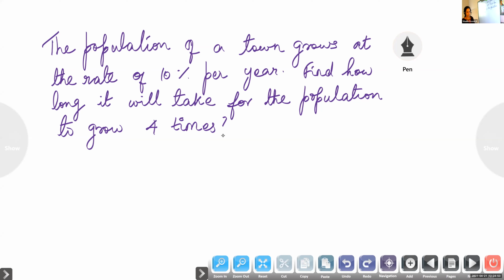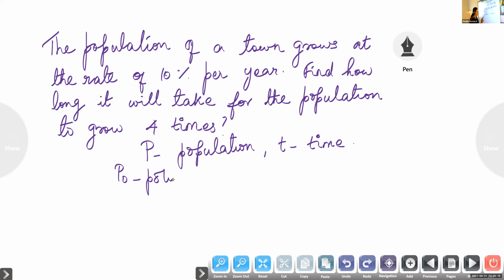So here we need 2 things. One is the population and the other one is time. Let P denote the population and t the time. Now listen, children, you can write it afterwards. Let P naught be the population initially, in the beginning, when the time is equal to 0.